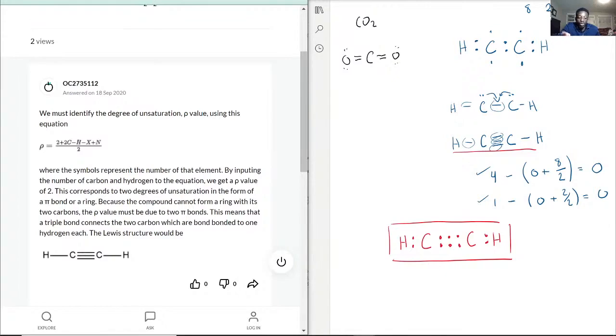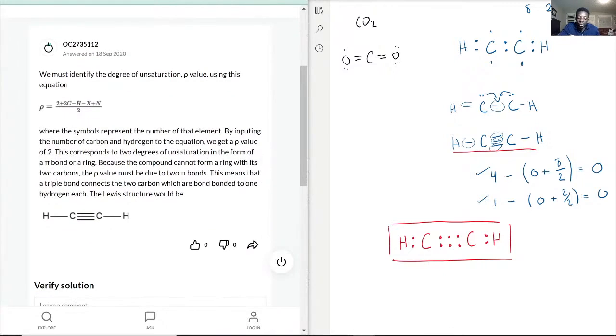They can assign which bonds they have. Based on this, what they got was that it has 2 pi bonds, and those bonds are what's used when forming double or triple bonds. So with that, they were able to systematically show that there was a triple bond between the 2 carbons based on the math they did.